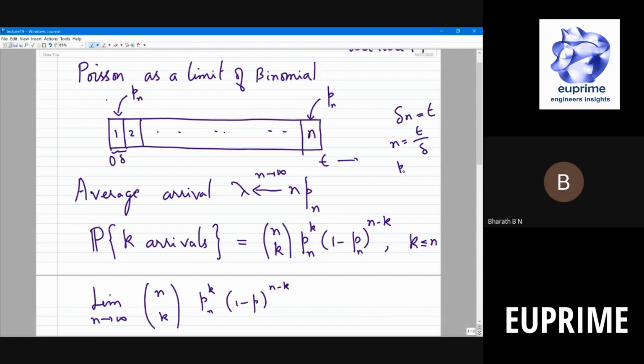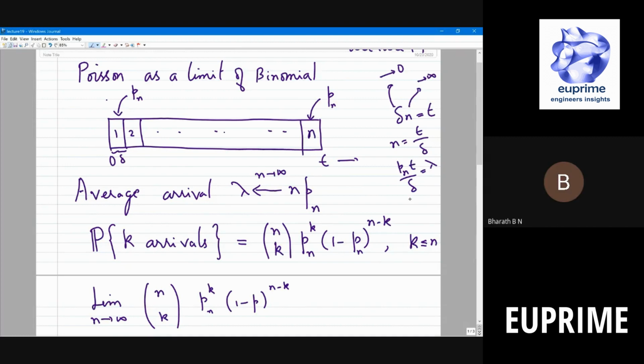Pn t divided by delta tends to lambda as delta goes to 0. So what do you mean by n tending to infinity? n goes to infinity and delta goes to 0, at a rate such that the product goes to t. That's how I'm going to take the limit.